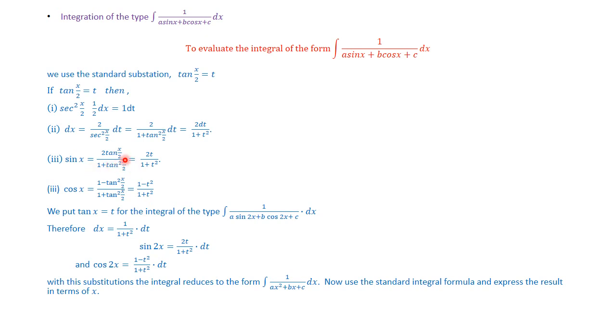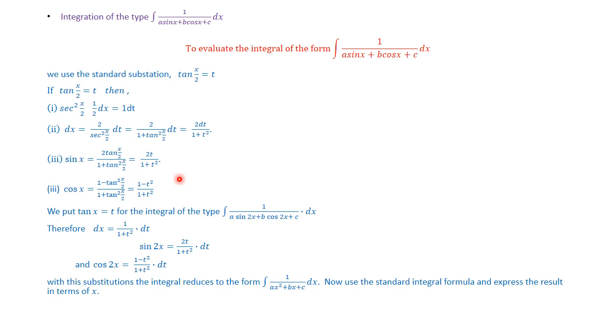Therefore it becomes 2 tan x by 2 upon 1 plus tan square x by 2. Then replacing tan x by 2 by t, we get 2t by 1 plus t square. Hence sin x is equal to 2t by 1 plus t square.